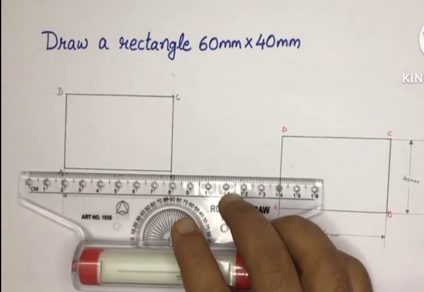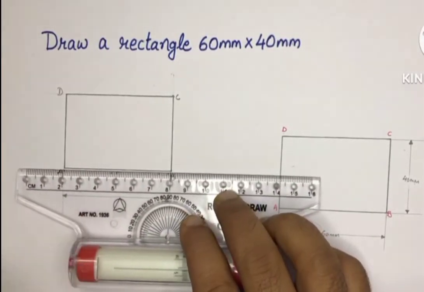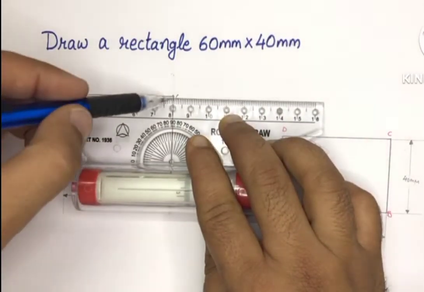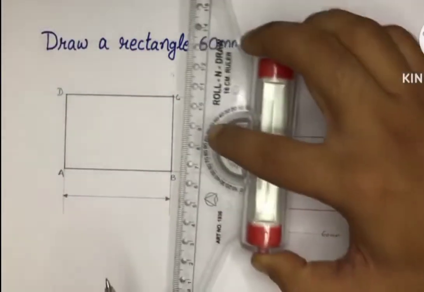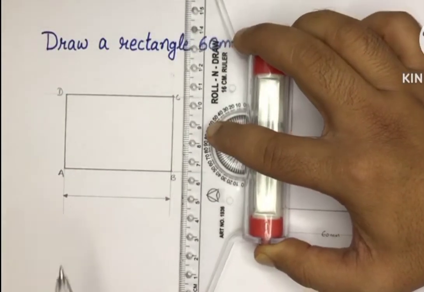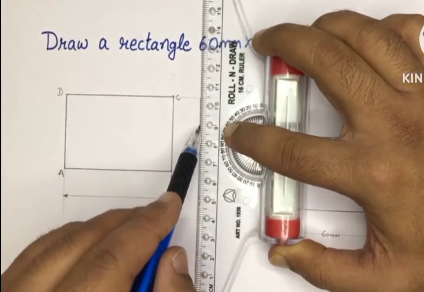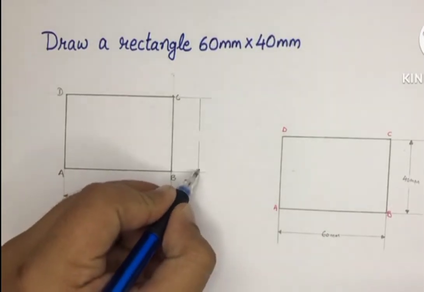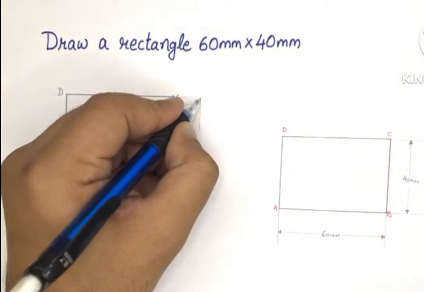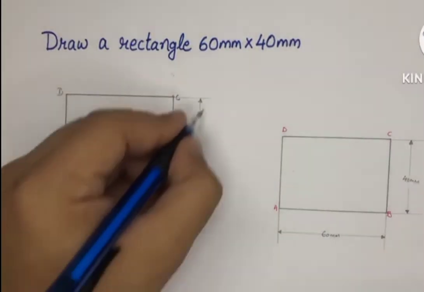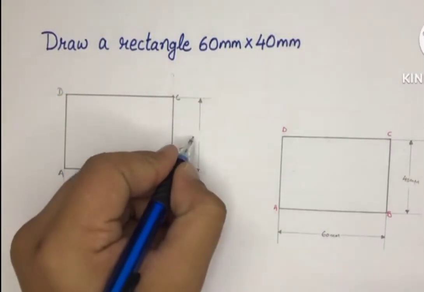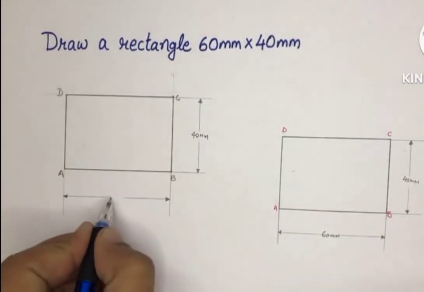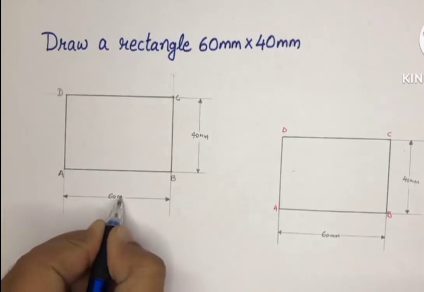Similarly, project a line from side AB and from side CD and draw a line parallel to side BC to get dimension line. We can note here 40 millimeter and 60 millimeter.